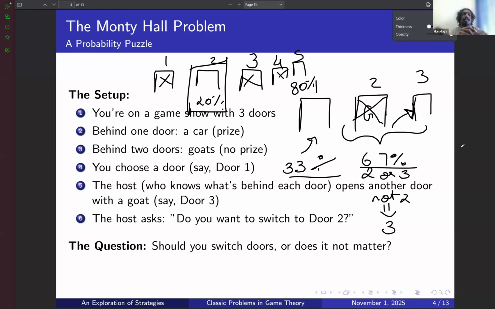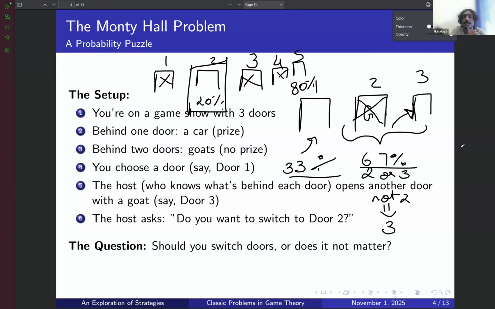But this doesn't seem to be independent, because let's say you chose door 3, then door 1 has a 67% chance. No, that means door 1 and door 2 combined have a 67% chance. Yeah, but once door 2 is opened to show a goat, then door 1 has a 67% chance. But isn't it supposed to be independent of your choice?